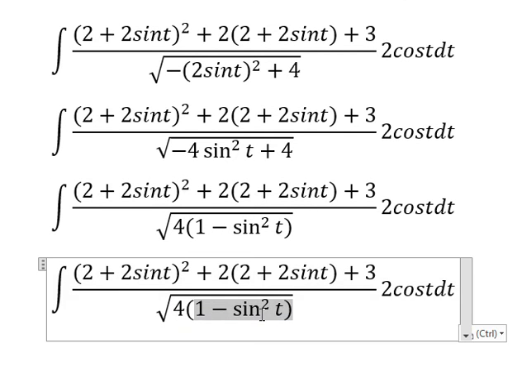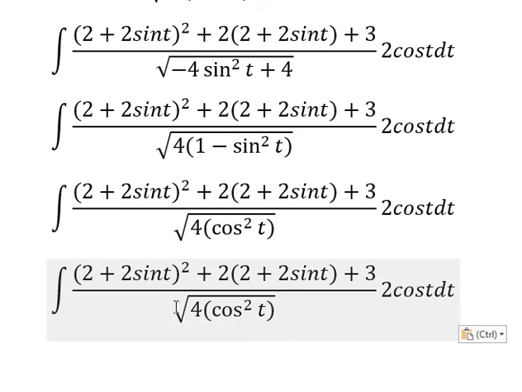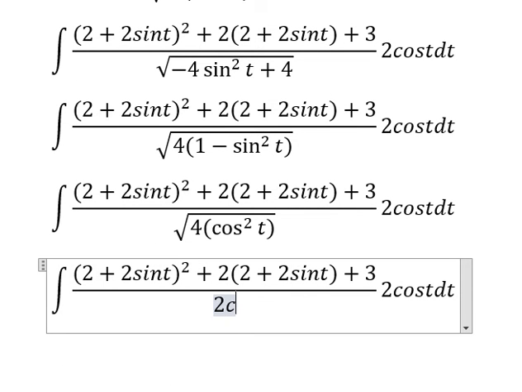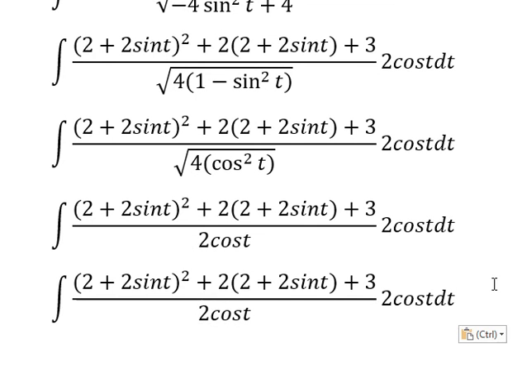One minus sine t square we change by cosine t square. The square root of number 4 cosine t square, we have number 2 cosine t. And now we simplify number 2 cosine t on numerator and denominator.